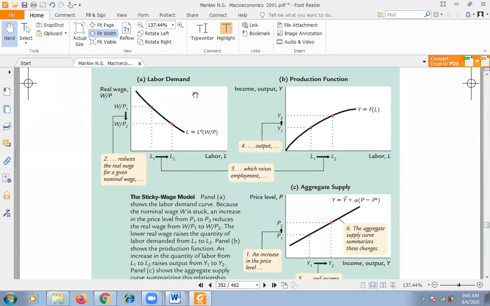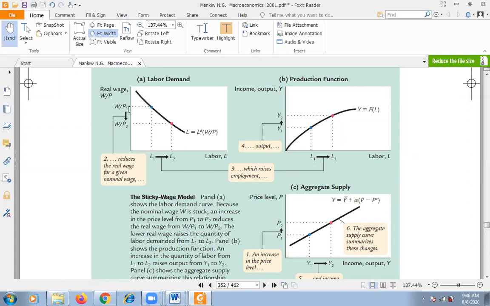The first curve is the labor demand. We get one point over here, the light blue point, at real wage W over P1. At this real wage, labor demand is L1.